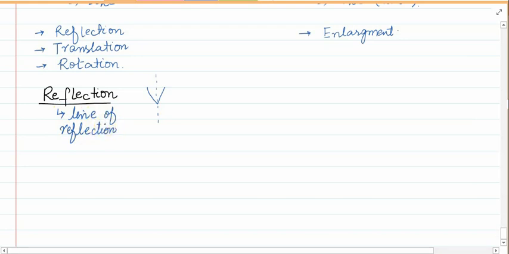What is the property of the line of reflection? That with respect to the line of reflection, the object on the left side and the image on the right side must be equal, as you can see in the example, right?